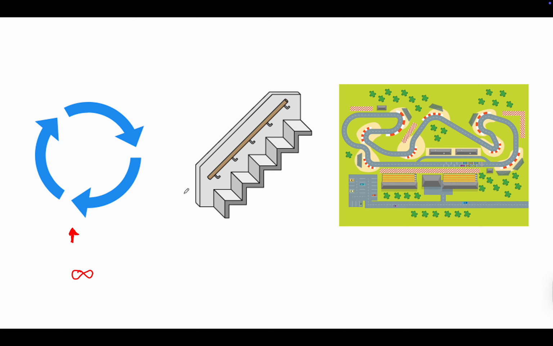It could be that we need to repeat only a certain number of steps. If we would like to go from the first floor to the second floor, how many steps do we need to take? It could be 5. Or imagine an elevator with different floors. And some types of loop could be nested.